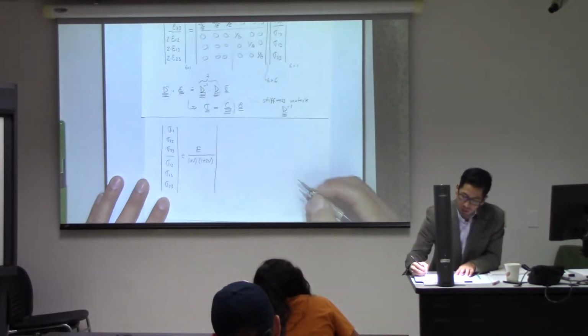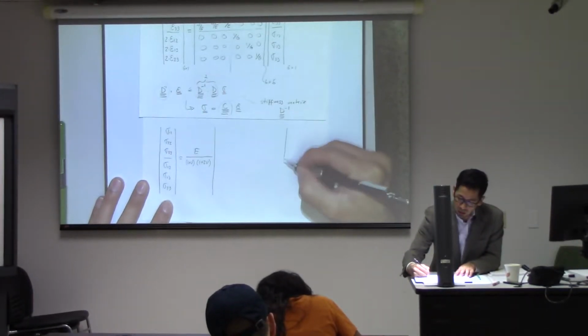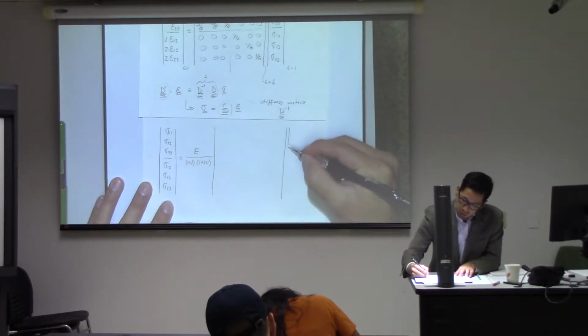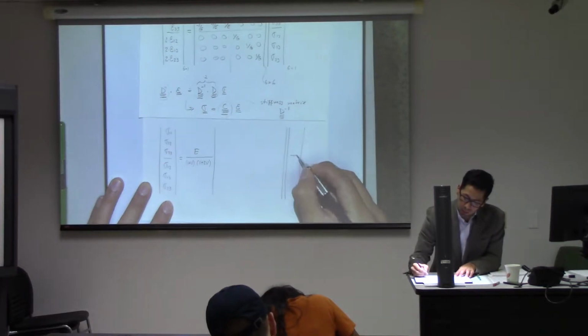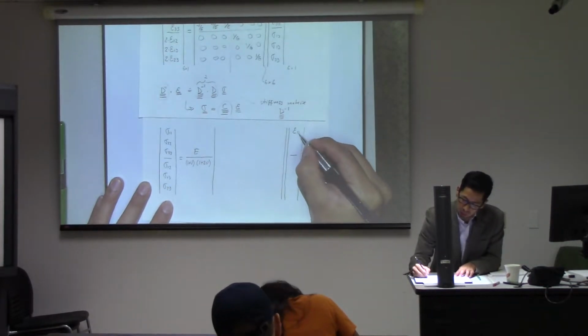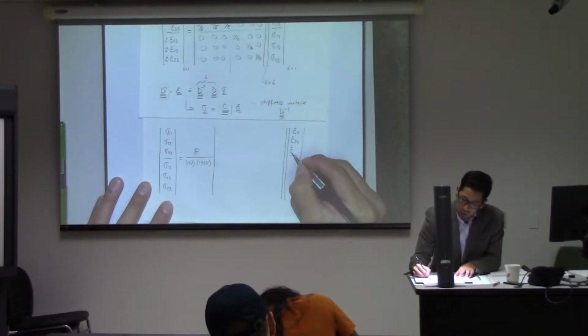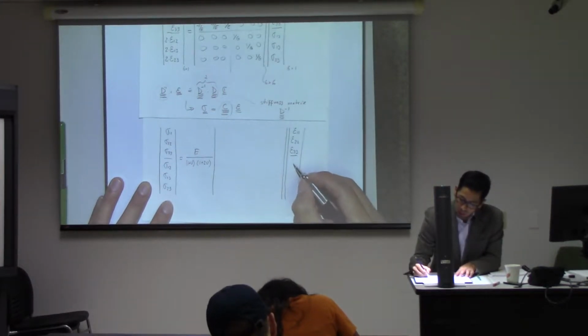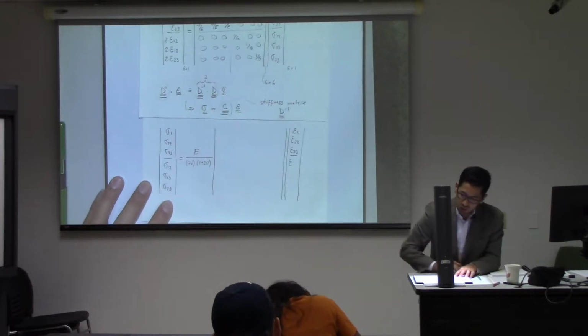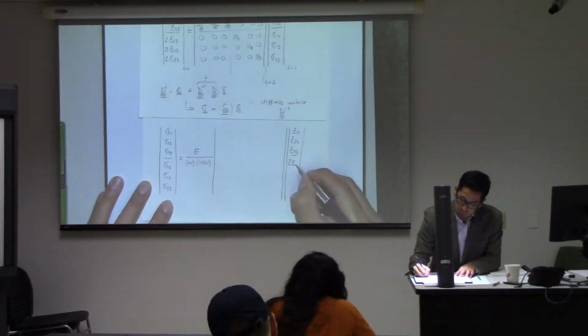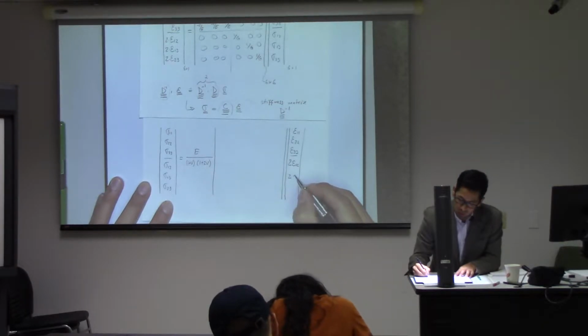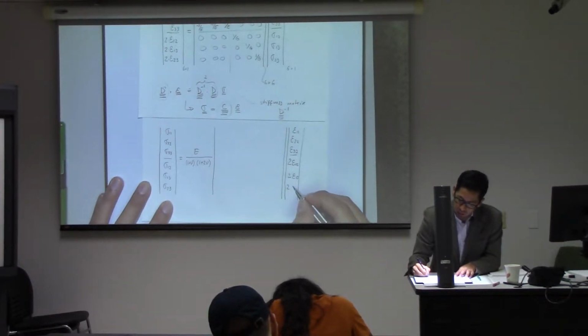And still I'm going to have my 6 by 6 large matrix. And here I'm going to have epsilon 1 1, epsilon 2 2, epsilon 3 3. Epsilon, I always forget this. This is going to be 2 epsilon 1 2, 2 epsilon 1 3, and 2 epsilon 2 3.